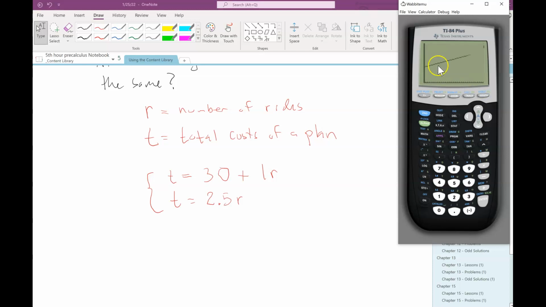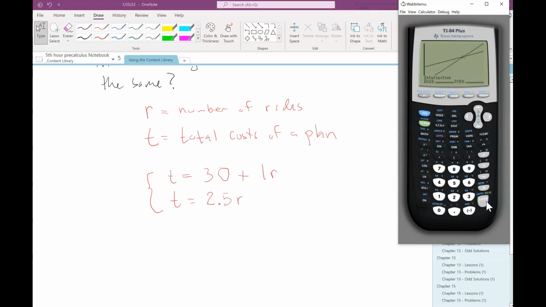So if I hit graph now, here's my line for Plan A. There's my line for Plan B. The intersection is the place that I care about, right? That's when the two costs will be the same. So if I hit second and then trace, I pick the intersect command, enter, enter, enter.